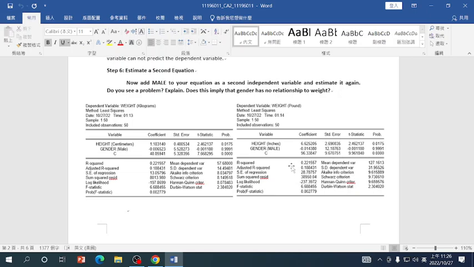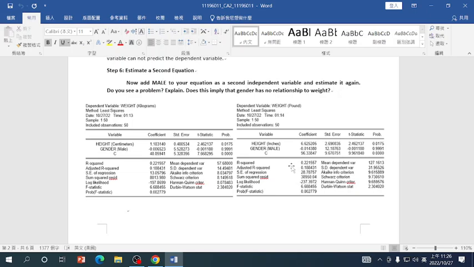I don't understand what you're saying right now. Explain the coefficient of height.